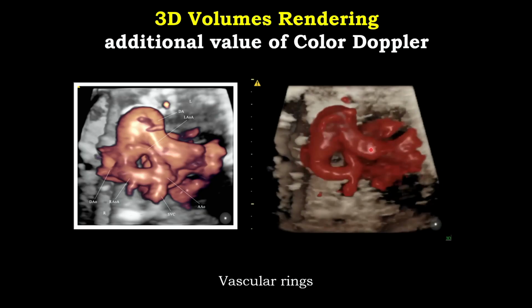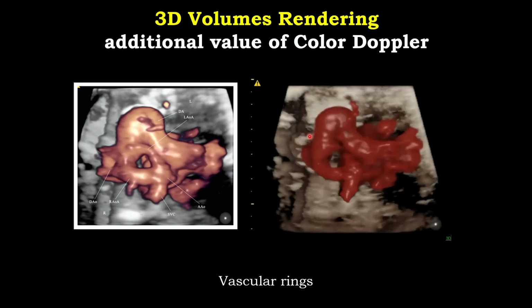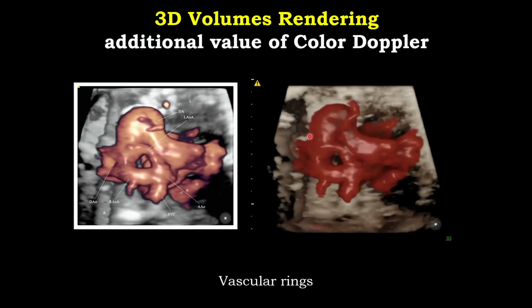And also we can see the ductus arteriosus and the kinking and the aneurysmal shape of that structure. And all of this can be obtained in one image, whereas for looking at those parameters, you probably need to move up and down in the mediastinum and reconstruct it in your head.